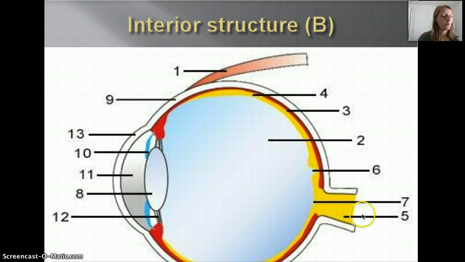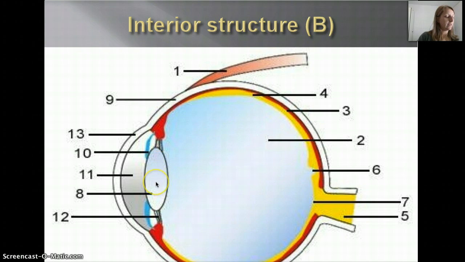The optic nerve transmits the signals to the brain. The fovea is the most sensitive part of the retina, and the optic disc or blind spot is the most insensitive part of the retina.